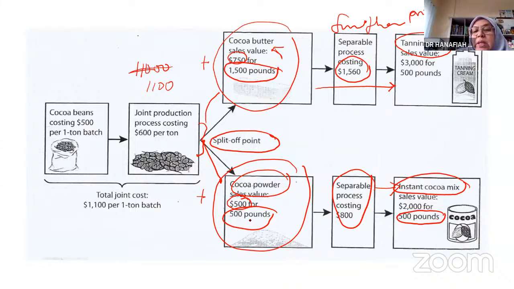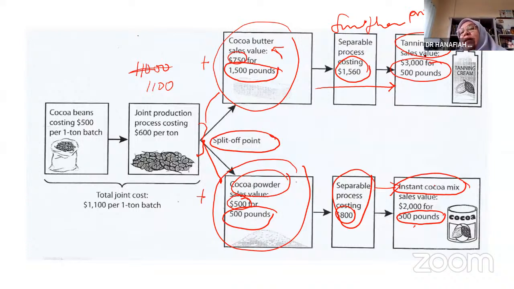All right. If you are interested to continue, then you need to incur another 800 to earn more to produce instant cocoa mix. All right. Same thing happens to cocoa butter. If you want to proceed to produce tanning cream, you think this is more profitable, then you proceed.